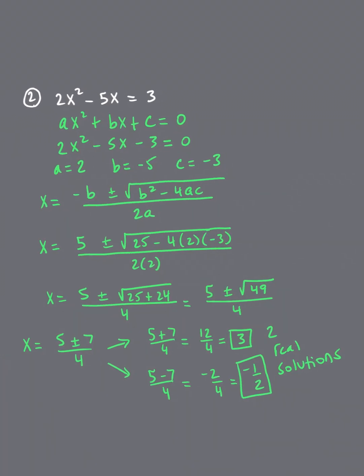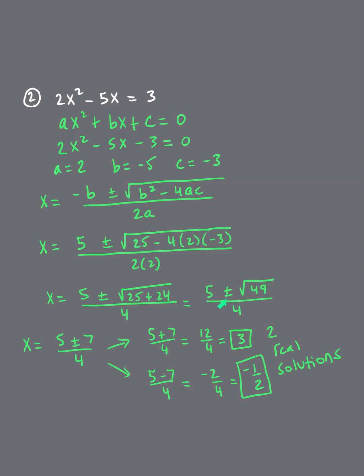Now, let's talk about the discriminant. Remember, the discriminant is just this b squared minus 4ac part, which ended up being 49. So 49 is not 0 like we had in the last example.